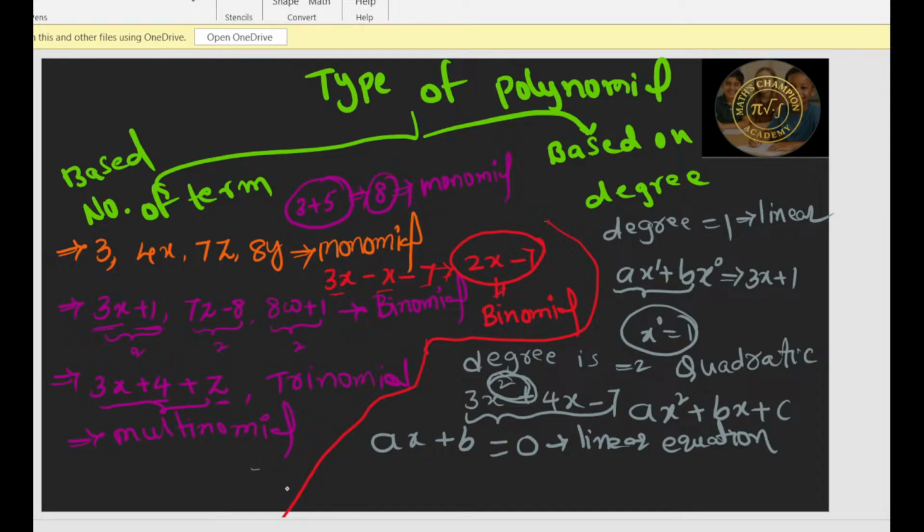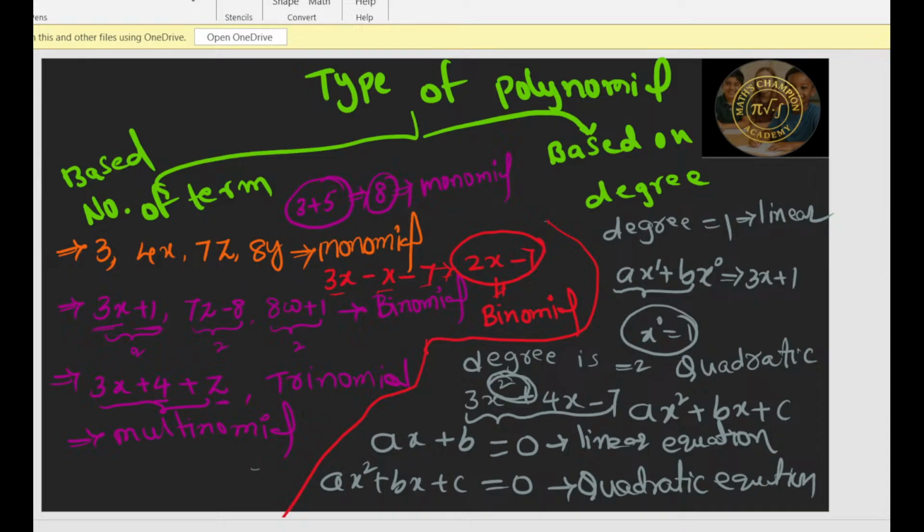Now, ax square plus bx plus c is the general form for a quadratic expression. If you make it equal to 0, we call it a quadratic equation.